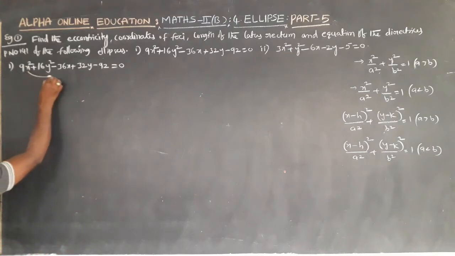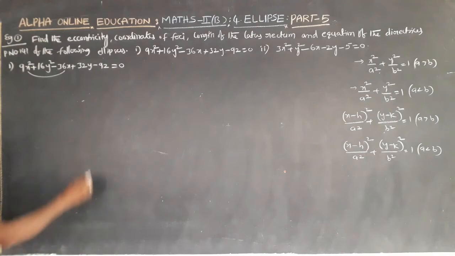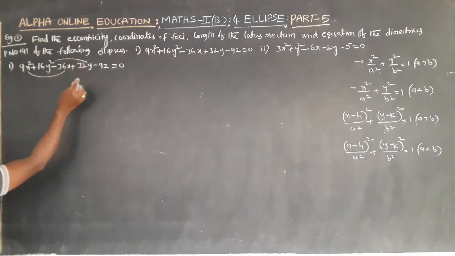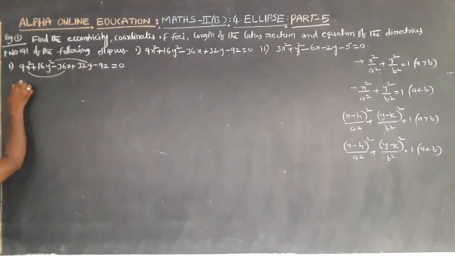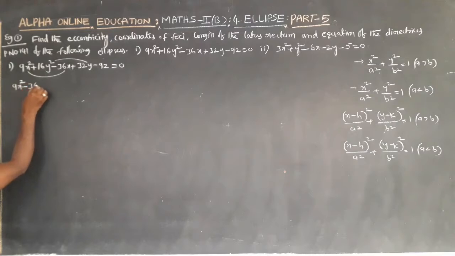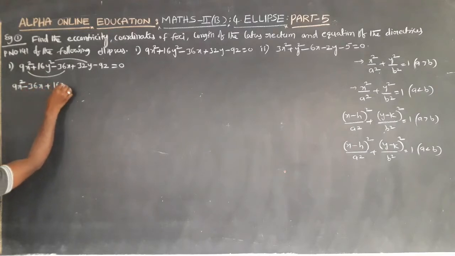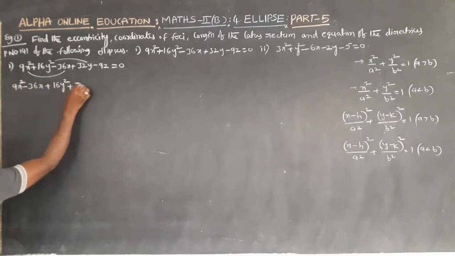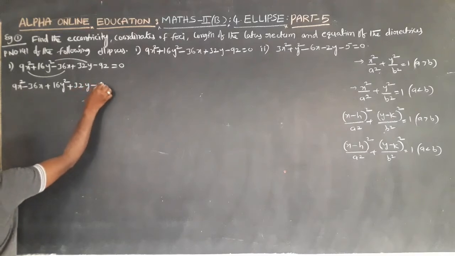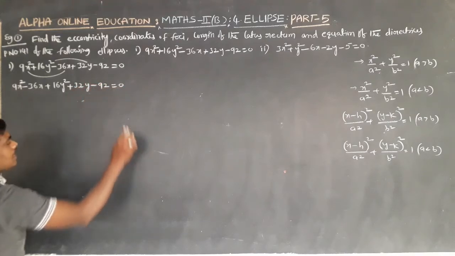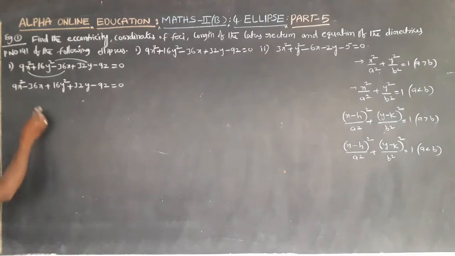First of all, write down the x square, x terms and the y square, y terms. 9x square minus 36x plus 16y square plus 32y minus 92 is equal to 0.